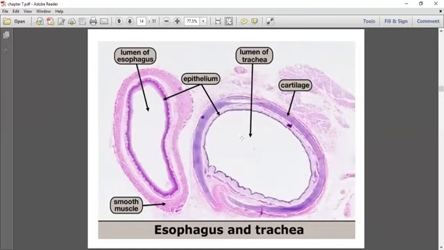The lumen of the trachea is typically wide due to the presence of hyaline cartilage at the anterior surface. The lumen of the esophagus is elongated since it is tubular, and there is no cartilage in the esophageal wall.